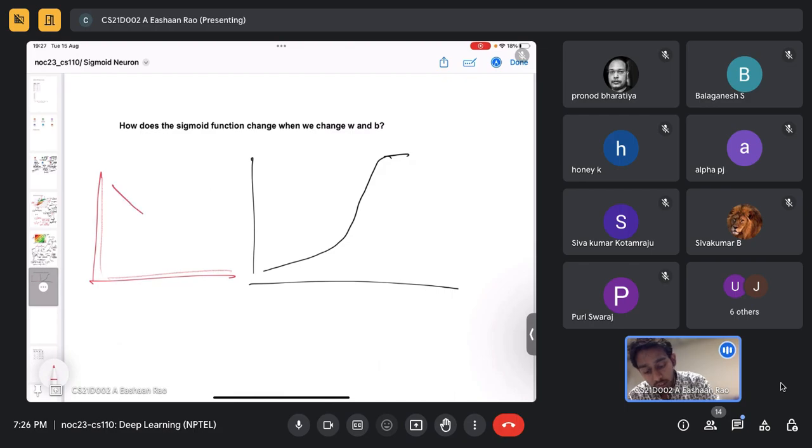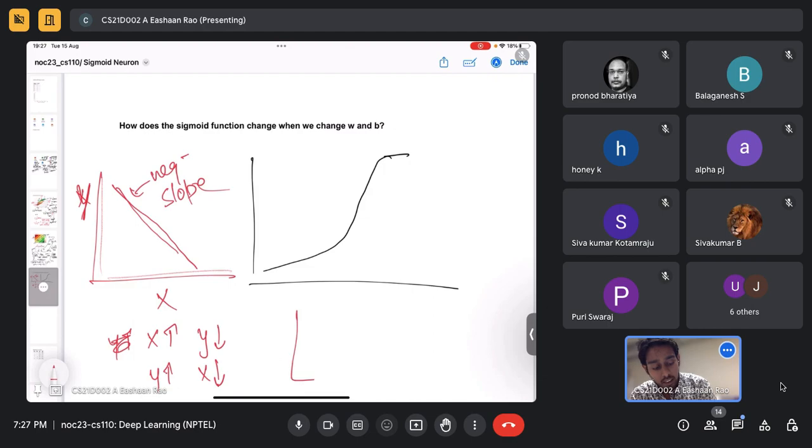If I have a line like this, it is a negative slope. Why? Because this is x, this is y, and as my x is increasing, my y is decreasing. So this is a negative slope, right? And this is a positive slope, which means as my x increases, y increases, so it is proportional.